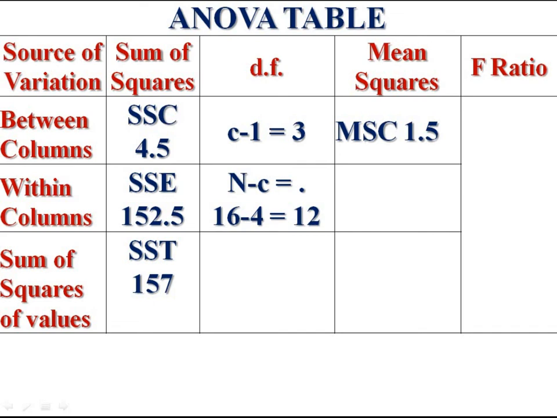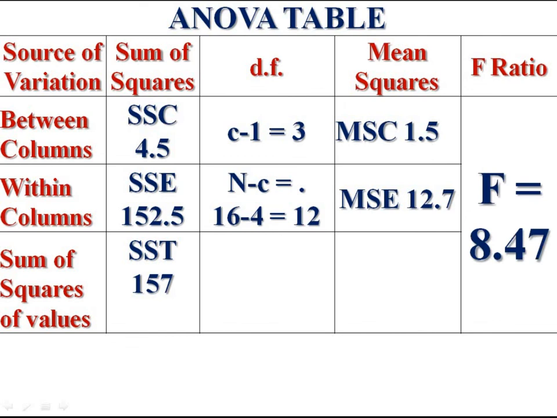Compute mean square MSE, SSE divided by degree of freedom, 152.5 divided by 12, MSE 12.7. Find F ratio. It is the larger variance divided by smaller variance, 12.7 divided by 1.5. We get 8.47. It is the ANOVA table. So thank you.